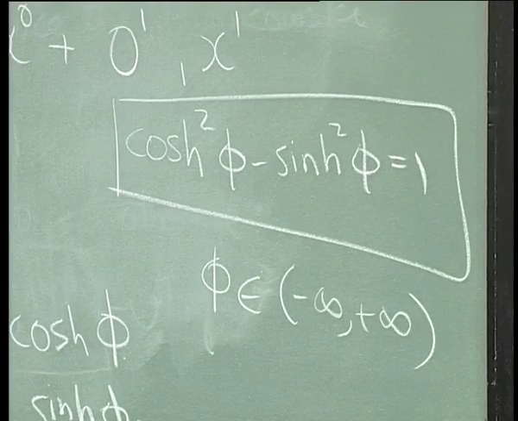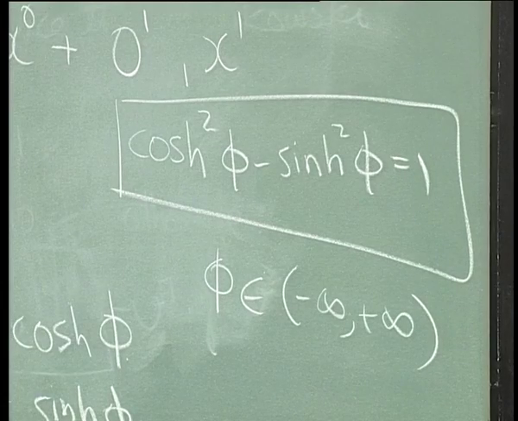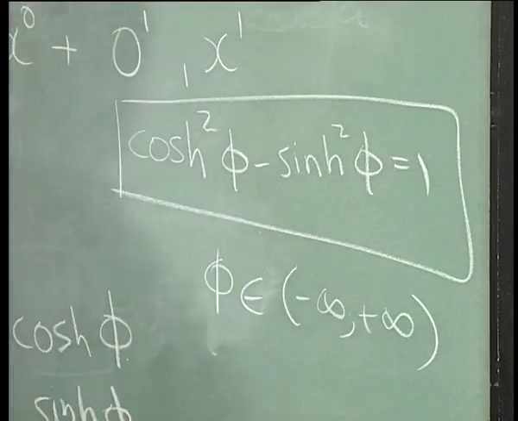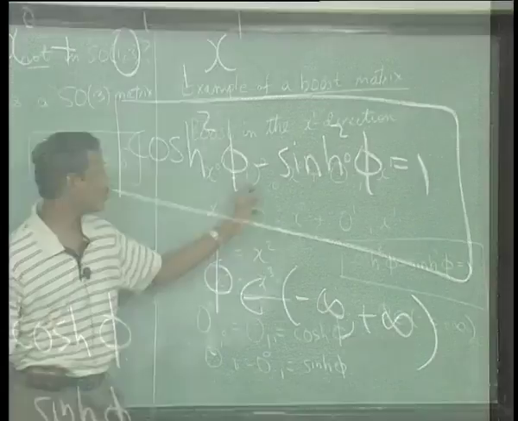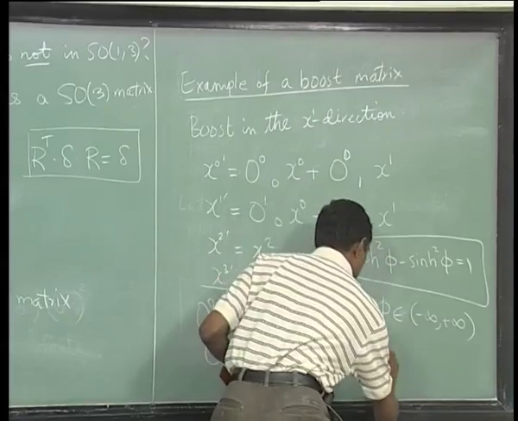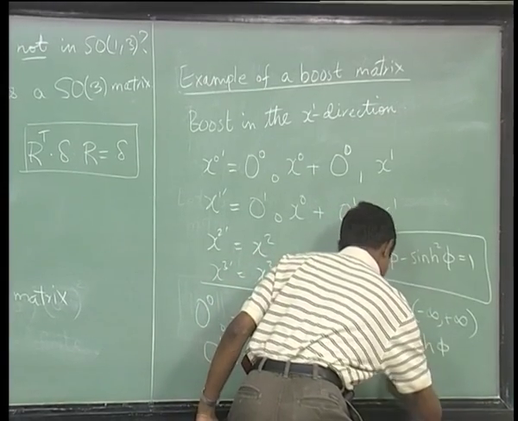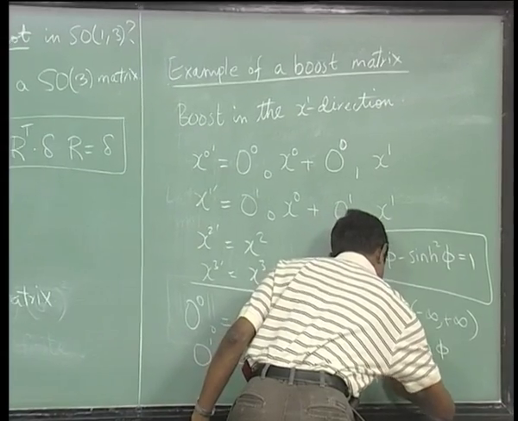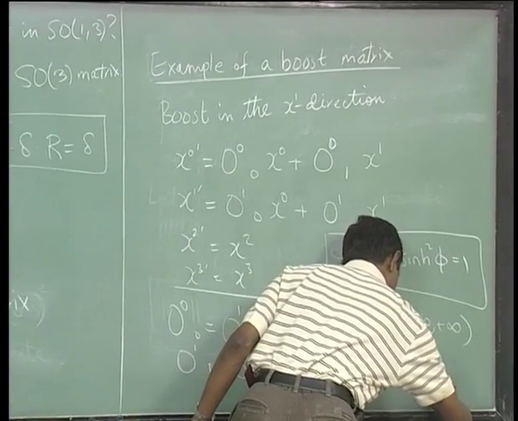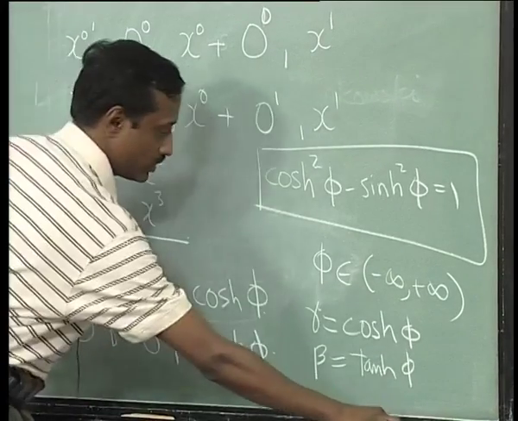It is also an exercise to check that the same boost you could rewrite in terms of gammas and so on. You can check that gamma is equal to cosh phi and beta equal to tanh phi. This quantity phi has a name, it is called rapidity.